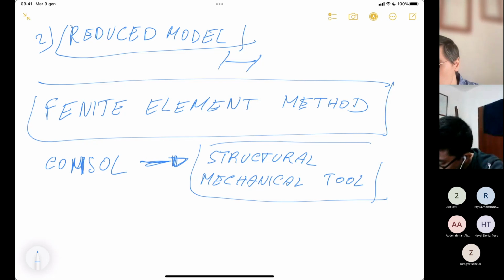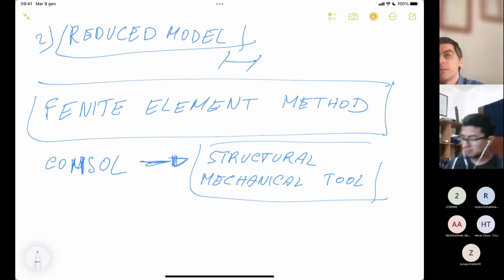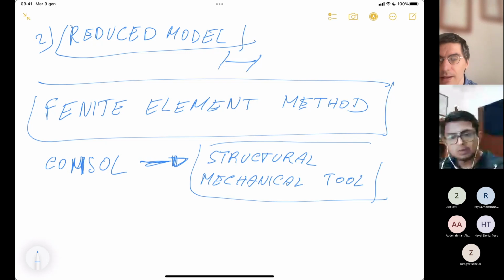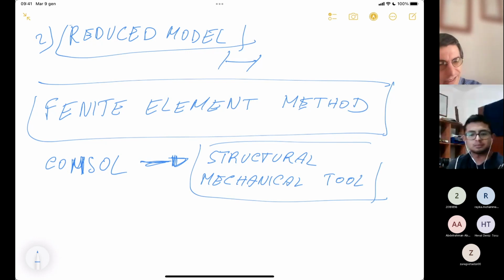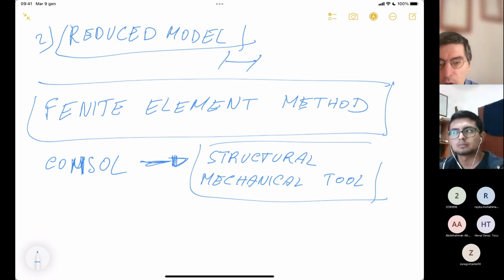And this is more or less all the story. But this is not very important to me because, you know, you have to give COMSOL some input and you can obtain the results. So it's not an important stuff from a theoretical point of view.